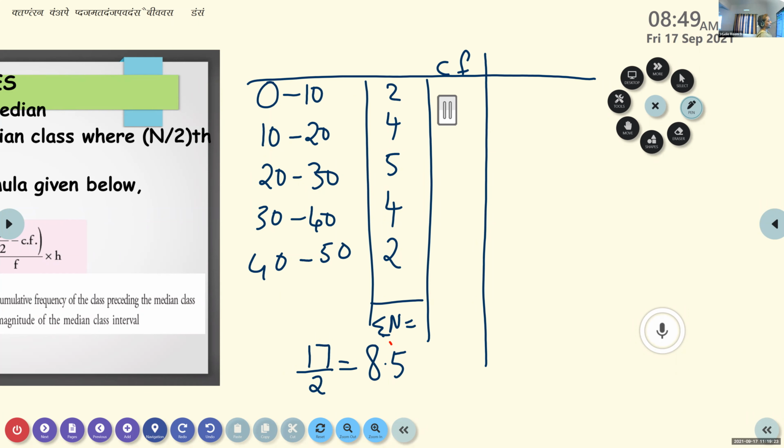Cumulative frequency, the first one. You were not there in the previous class? Okay, Kevin. In the cumulative frequency, what will be the first one? Okay, Abhiram, you are correct. The first one will be 2.